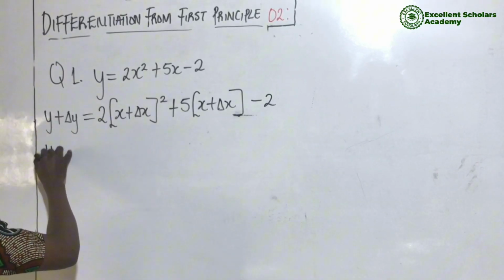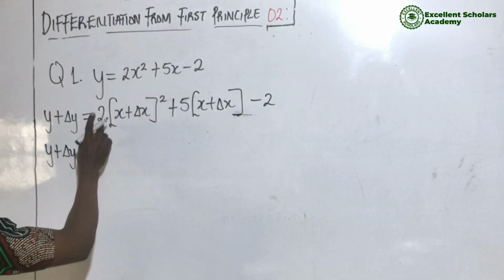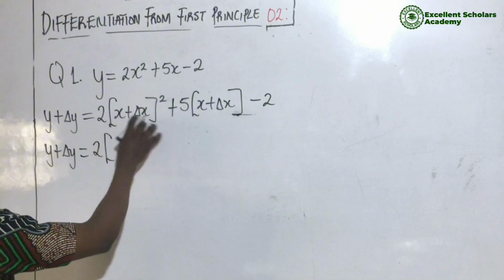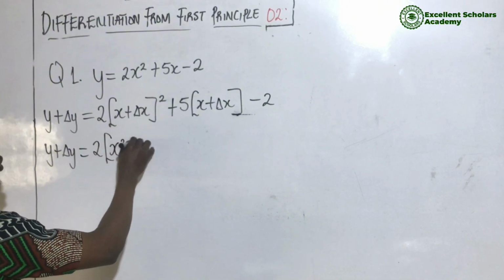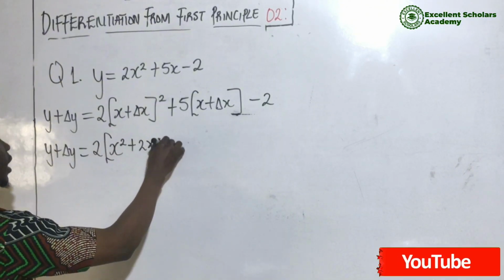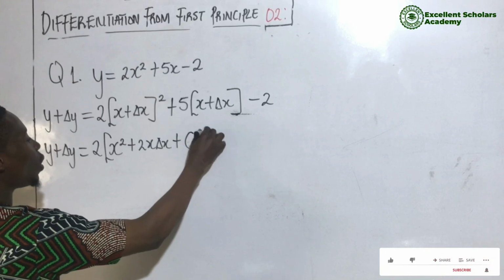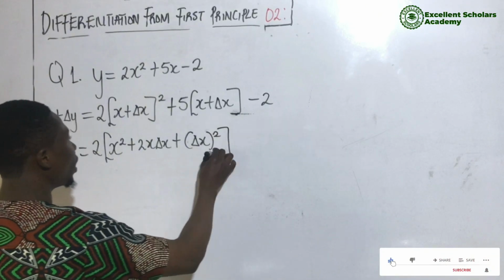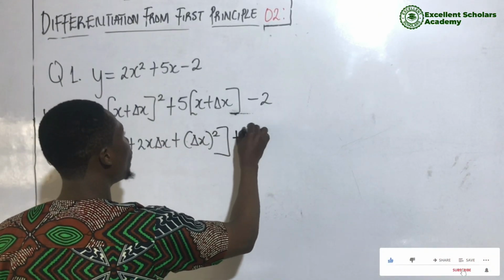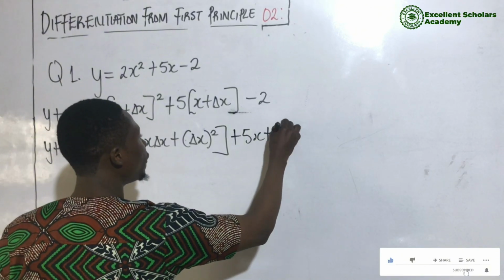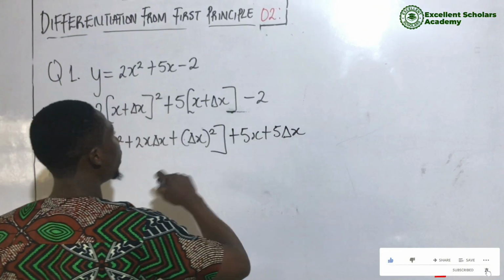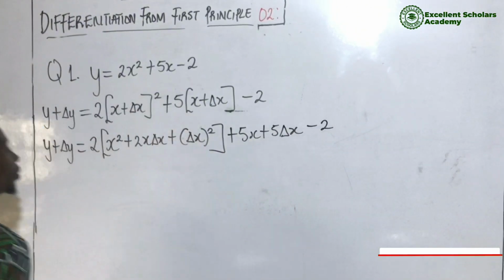So this becomes y plus change in y equals 2 all into, opening this, you have x squared plus 2x change in x plus (change in x) all squared. You close the bracket. Now open this bracket, you have plus 5x plus 5 change in x minus 2.